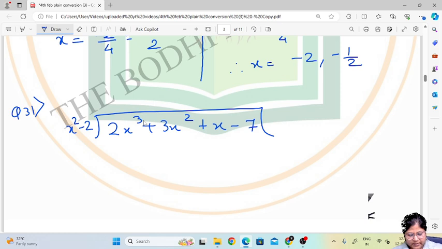State the quotient and the remainder. Rewrite the result in the form of dividend equals to divisor into quotient plus remainder. Okay, so that means we have to divide the dividend by the divisor.